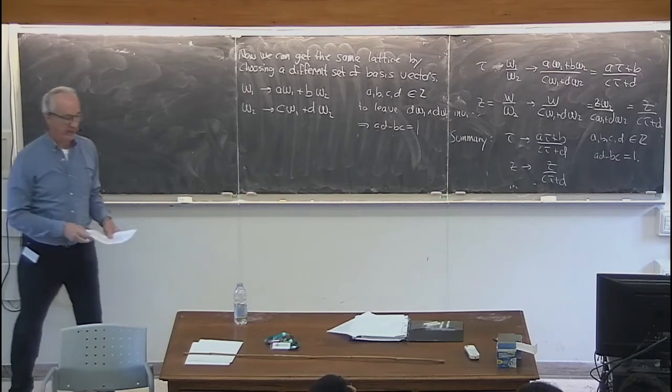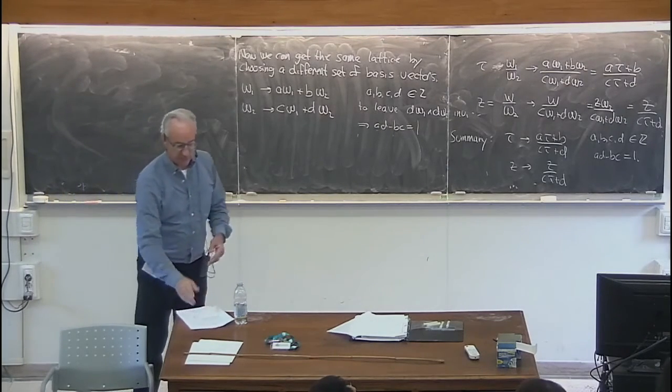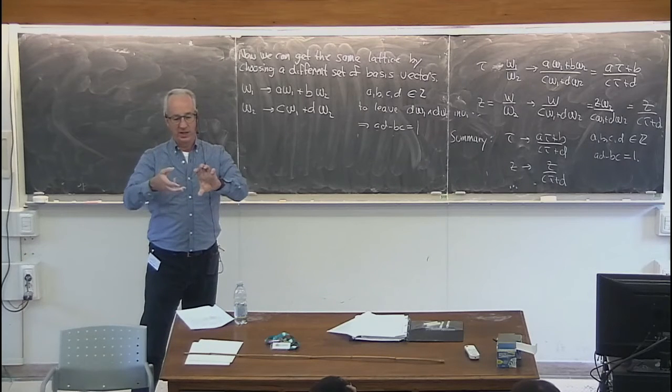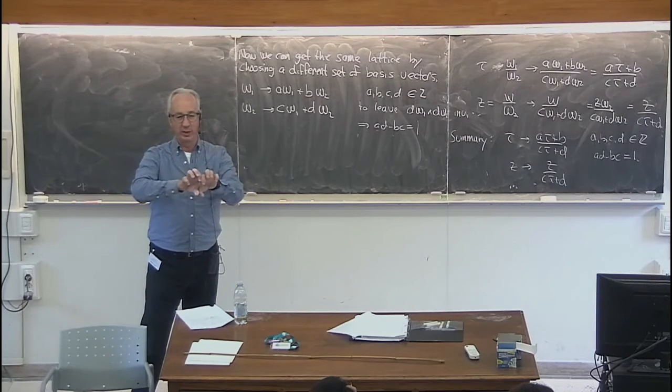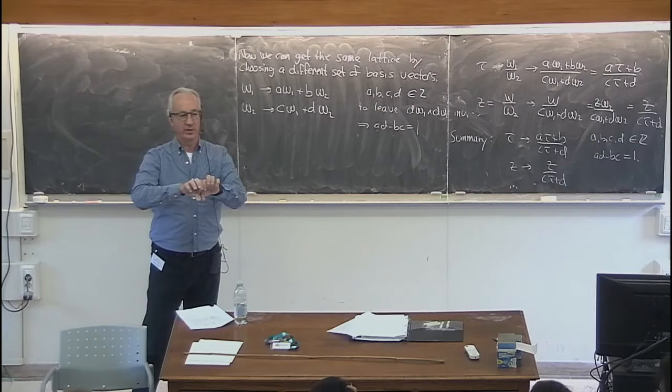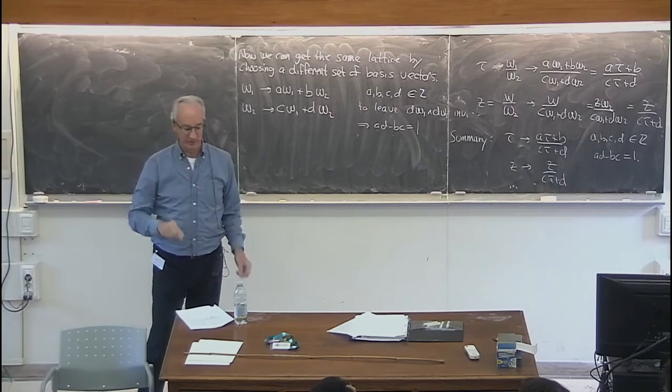So for example, if you take a two torus and you slice it along one cycle and then you twist by 2 pi and reglue it, that's a diffeomorphism of the torus, but not one that you can reach from the identity by doing small transformations.